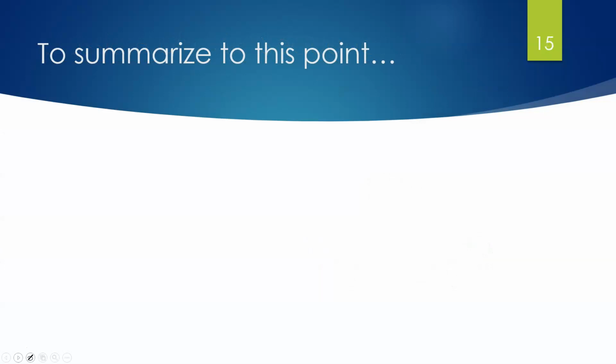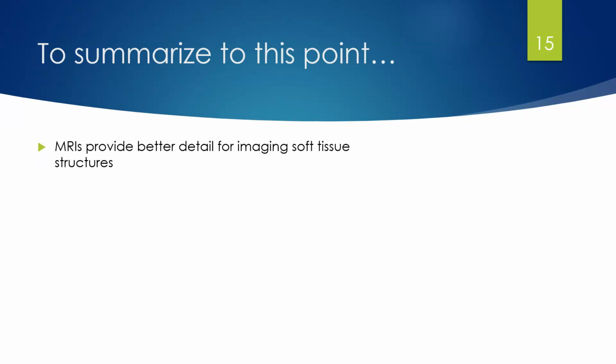Okay, so a lot of information that we've covered to this point, but let's sum it all up here. MRIs provide better detail overall for soft tissue because of its sensitivity to the water content. As a general statement, the stronger the magnet, the better our image resolution.